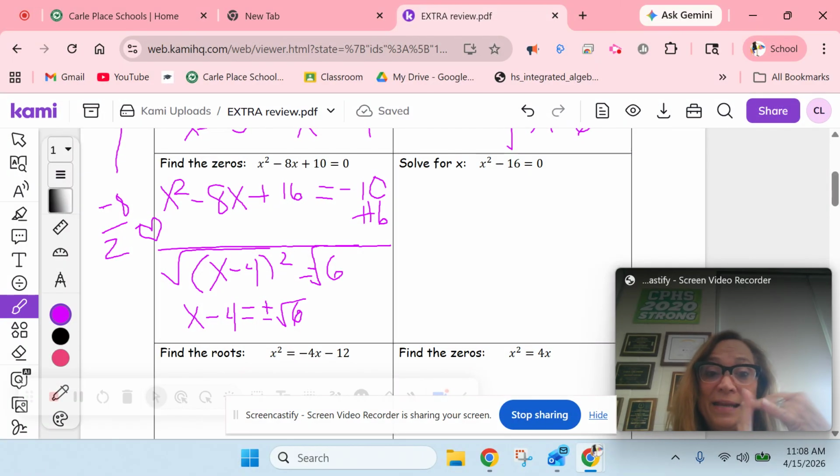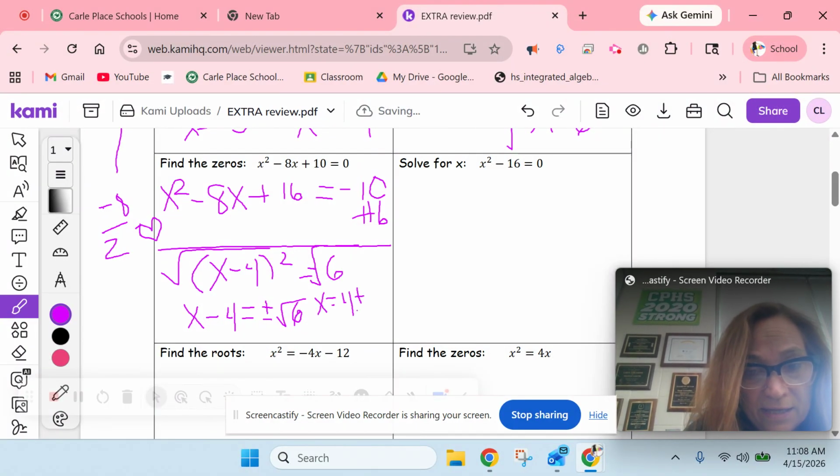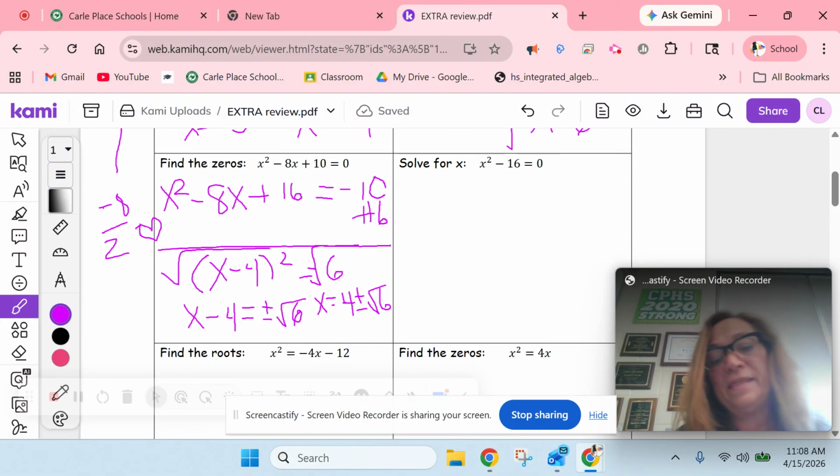And if you think about it, 10 could be 1 and 10, not going to give me an 8, or 2 and 5, not going to give me an 8. So it really wasn't even factorable, so it was a good choice. Now you move the 4 to the other side, so that gives me x equals 4 plus or minus radical 6. Now, the answer is 4 plus radical 6, 4 minus radical 6.